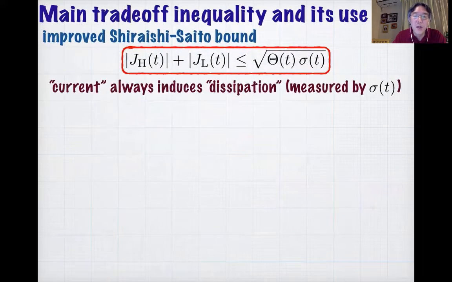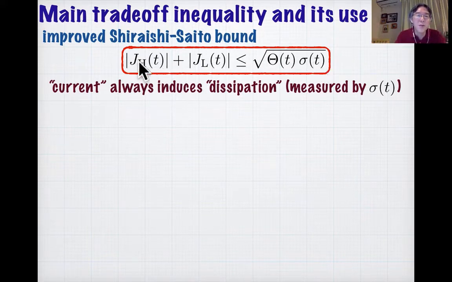Well, I would say that this implies that whenever you have non-zero current, you must have non-zero dissipation. So if sigma t is 0, then no entropy is produced. So we don't have any loss. We don't have any dissipation. But if we have non-zero sigma t, it means that we have some loss and some dissipation.